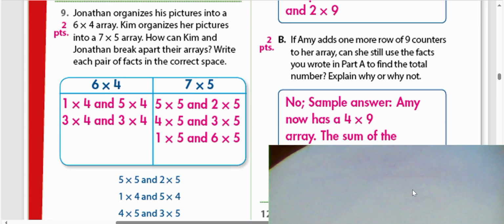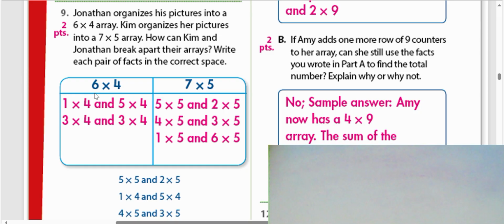Next question. Ruthina organizes his picture into a 6 times 4 array. He organizes his picture into a 7 times 5 array. How can Kim and John break the big parts of their arrays? Write each pair of factors in the correct space. We know 6 times 4, we can write 6 equal 1 plus 5.